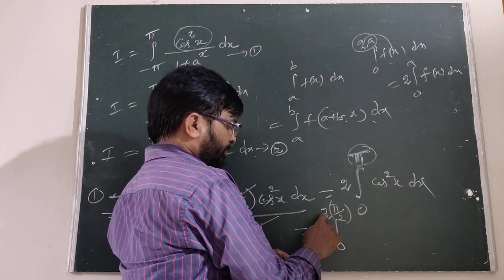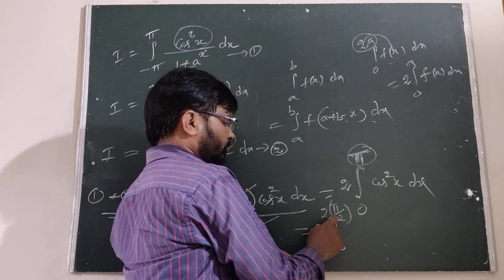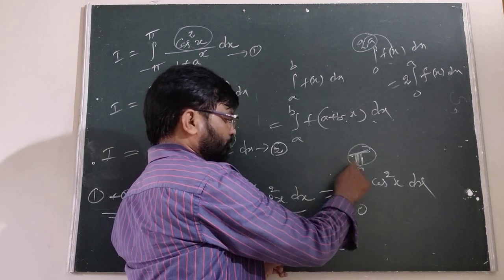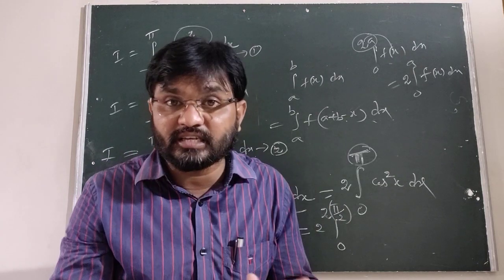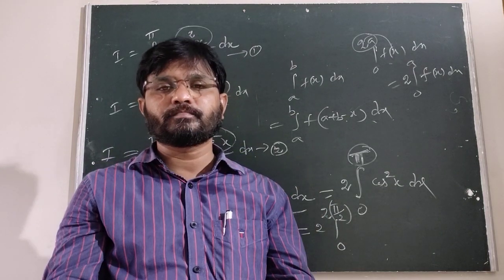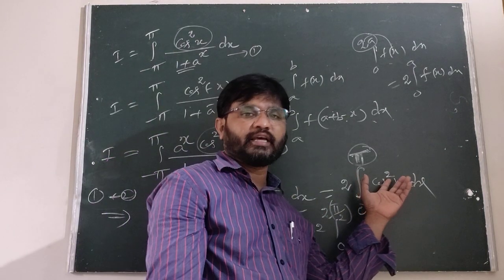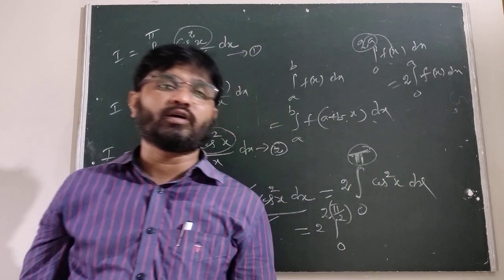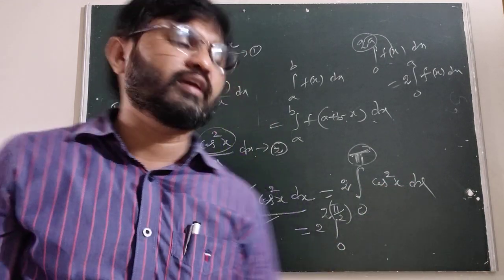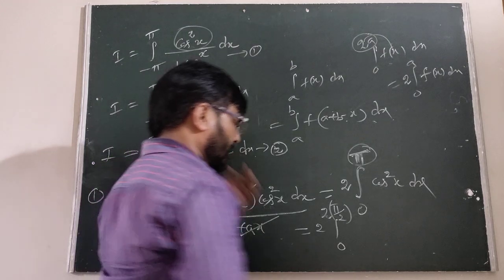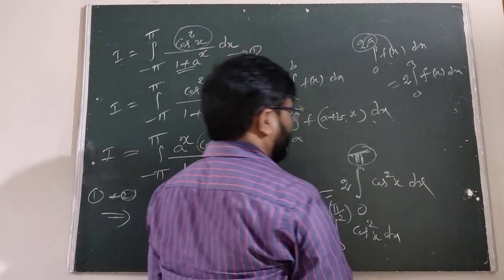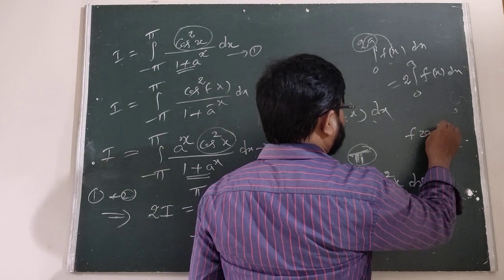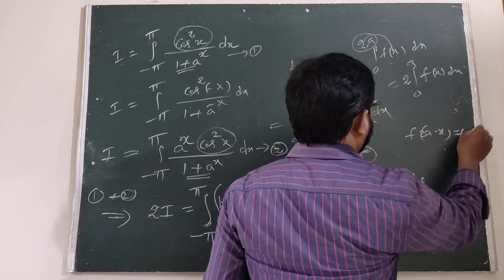The pi can be written as 2 into pi by 2. The 2a means here pi. 2a minus x. Cos square of pi minus x is cos square x. When the even power is there, undoubtedly it is in the second quadrant, it is a minus, and minus square is plus. Therefore, the next step we can write f of 2a minus x equal to f of x.